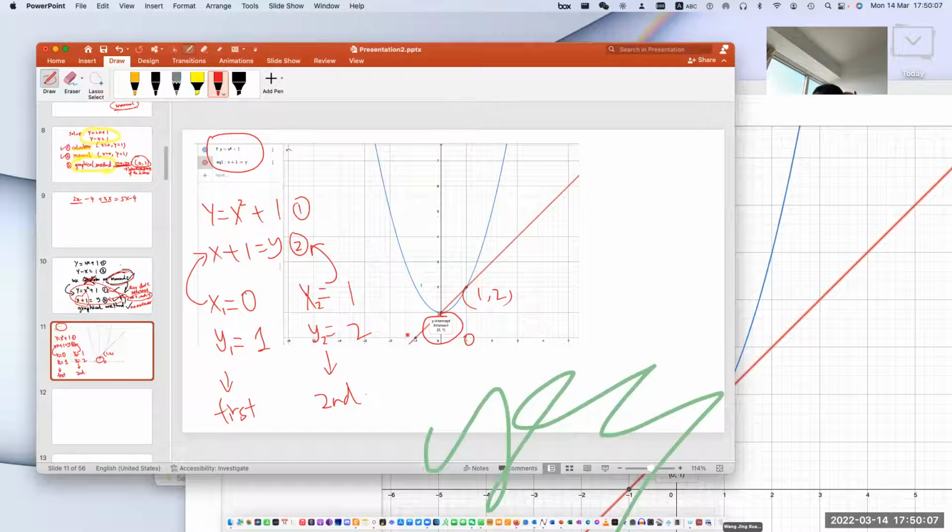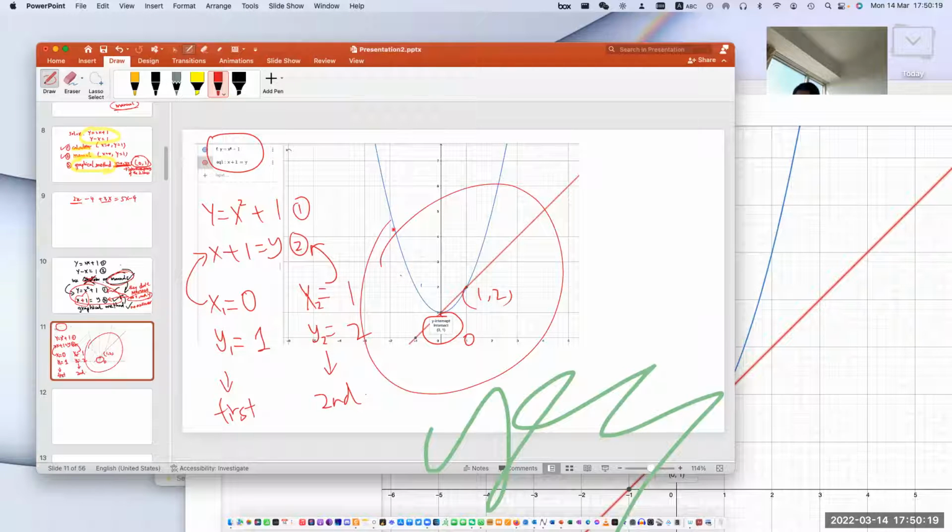Okay, very good. So I hope you appreciate the beauty of using the graphical method to solve any simultaneous equation.